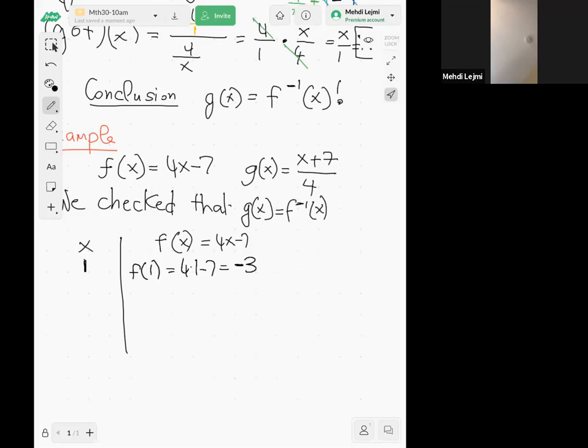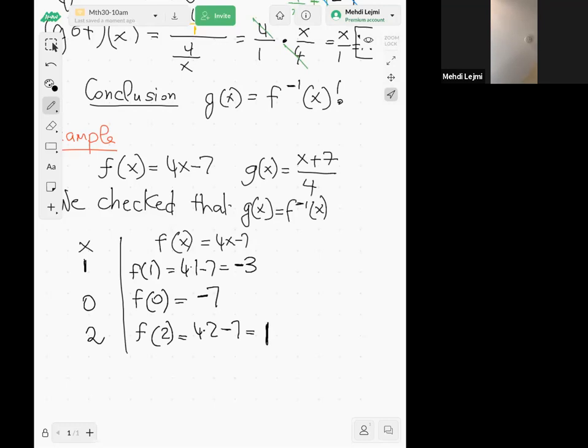Let's take another value. Let's say x is 0. Then f of 0 is 4 times 0, which is 0, minus 7, so that will be negative 7. And if x is 2, then f of 2 is 4 times 2 minus 7, so that's 8 minus 7, which is equal to 1.